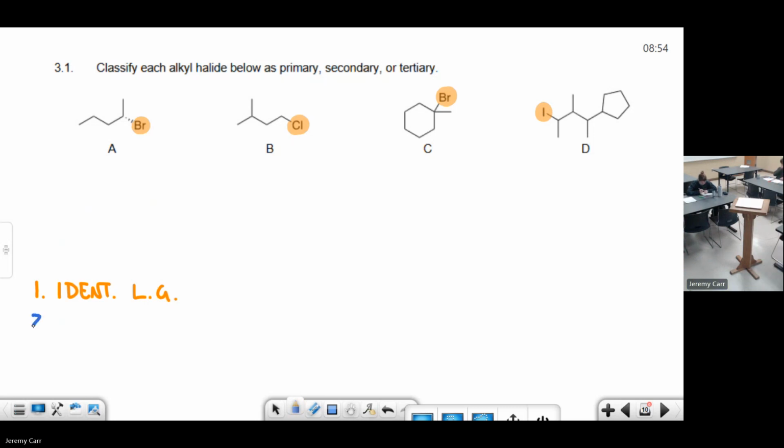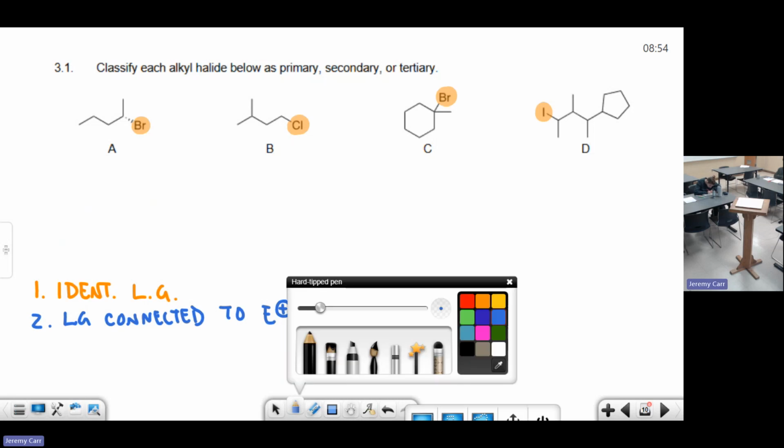Second step, just like the song, the leaving group's connected to the electrophile. I made that up. The leaving group is connected to the electrophilic position.